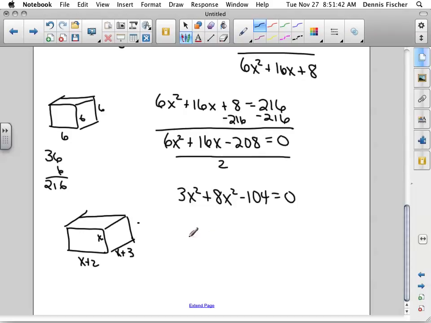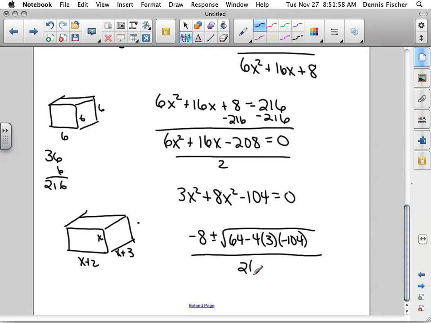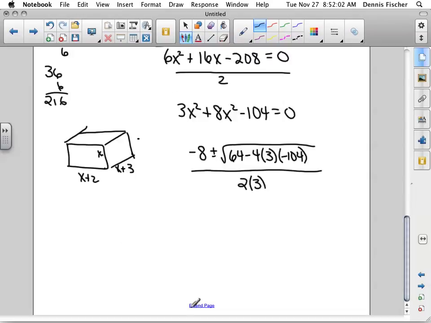If I was doing the quadratic formula, I would have a negative 8 plus or minus the square root of b squared, 64 minus 4 times 3 times a negative 104, divided by 2 times 3. Okay.